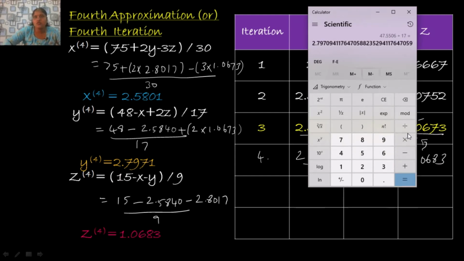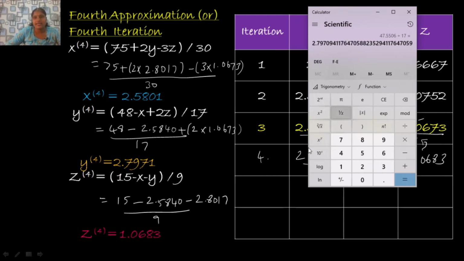You get 2.79709 etc. Here we have to take up to 4 decimal places, so 2.7970, and in the fifth decimal we have 9, so add 1 to the previous decimal, so 2.7971. This is the value of y.